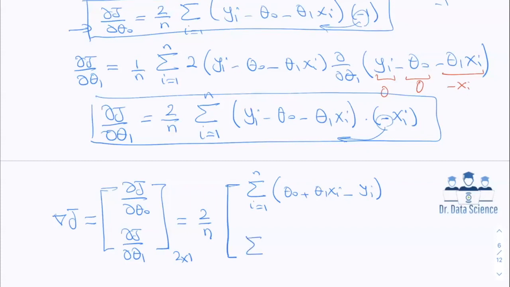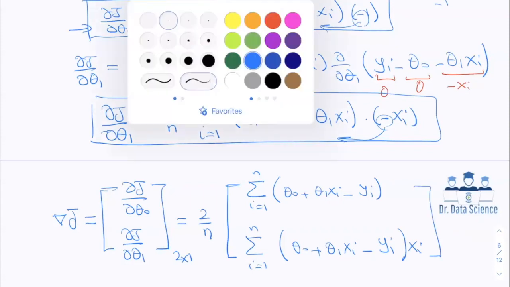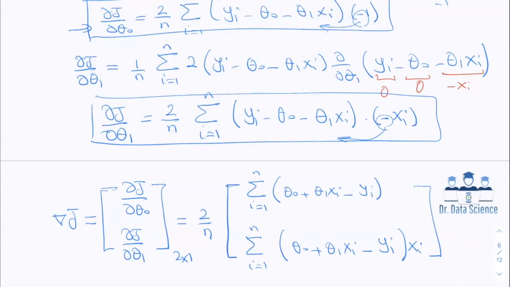And the second term would be the summation from 1 to n of theta 0 plus theta 1 xi minus yi. And then we also have that xi here that we have to put here. Just to make sure that we follow this, we have that term here, and we have this term here. So this is the gradient of that cost function.